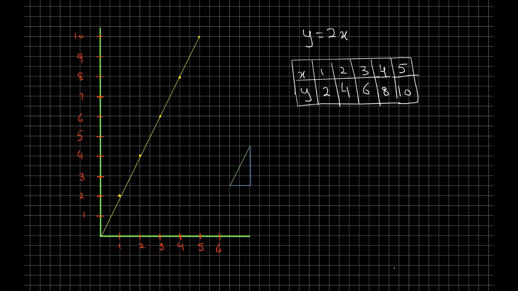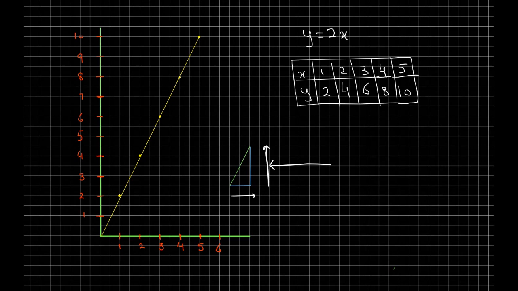Now what's so special about this line? Well, please note right over here I have this triangle in which when I move forward by 1 unit, I'm going to go up by 2 units, right? This should be clear to you.